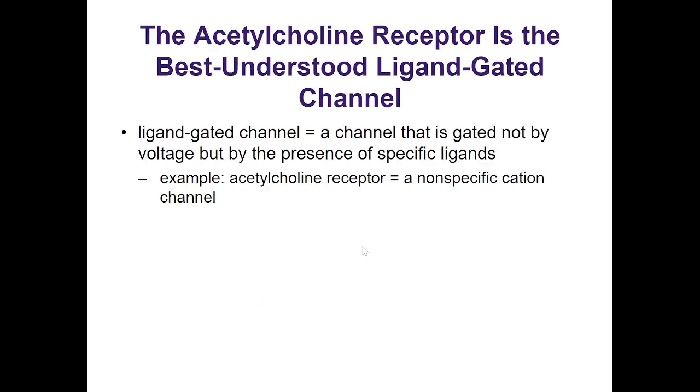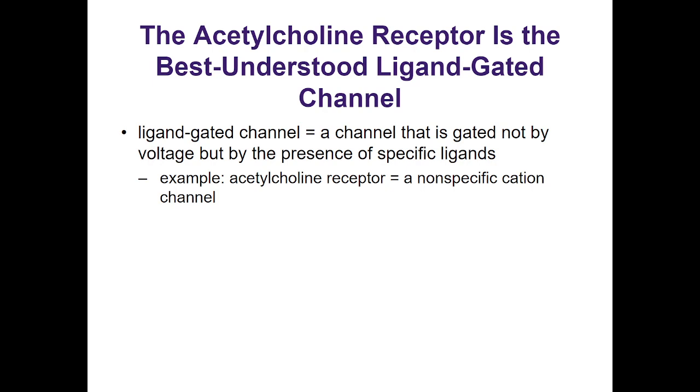Okay. The acetylcholine receptor is going to be the best understood ligand-gated channel. It's one of the most widely researched ones because it has a physical action that accompanies it, which is really nice. The ligand-gated channel is going to be a channel that's gated not by voltage, but by the presence of specific ligands. The example obviously being the acetylcholine receptor.